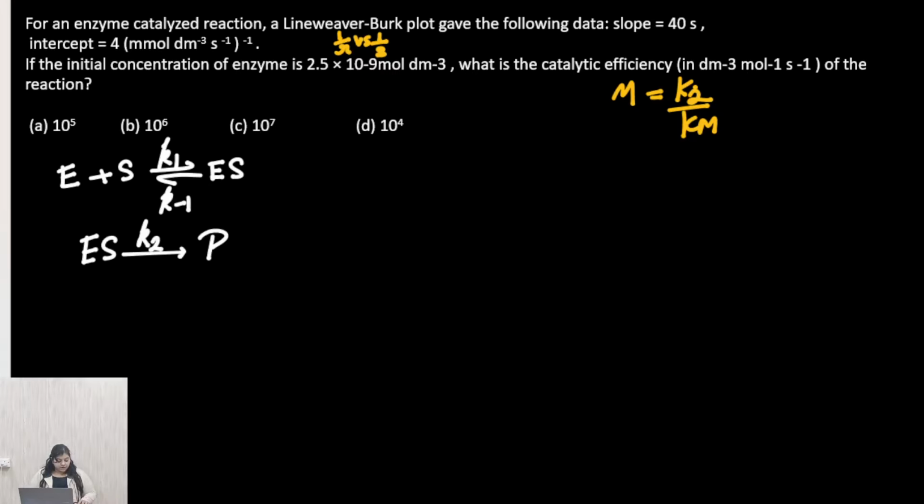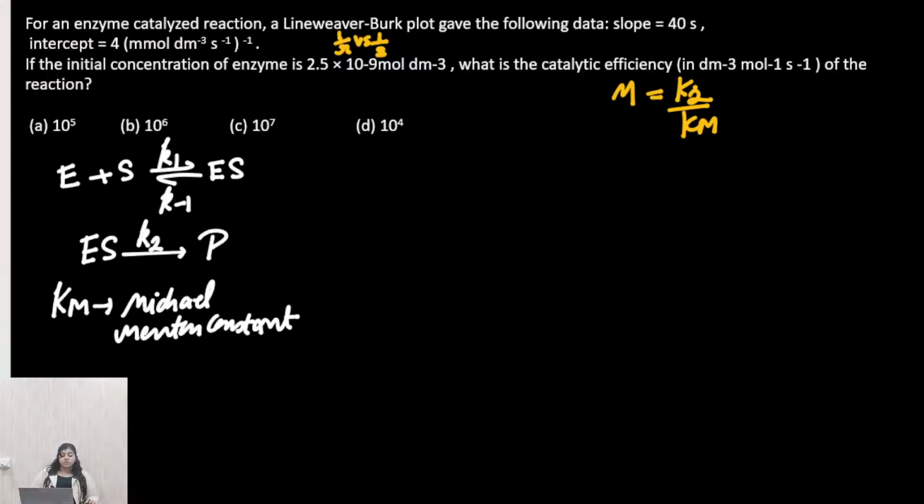So these are the K1, K2 terms, and Km is called the Michaelis-Menten constant, which is defined as the ratio of the rate constants in which ES is being consumed to the one in which ES is being formed. Okay, so we now have to find this eta value, which is K2 by the Km value.